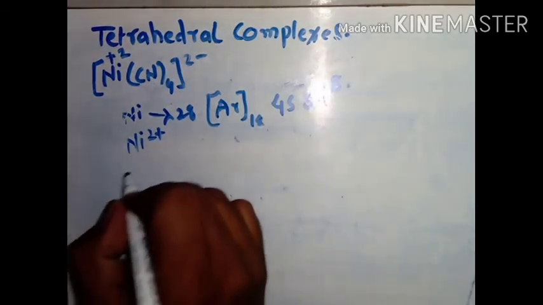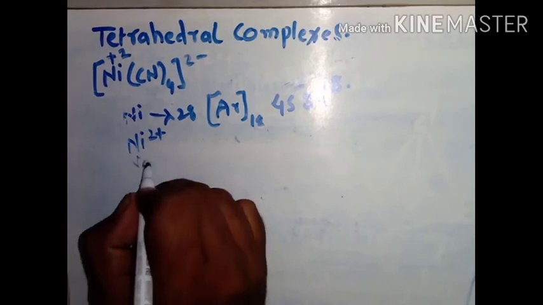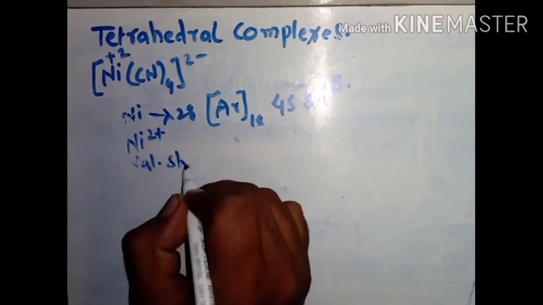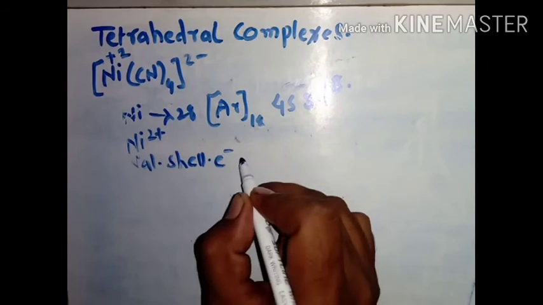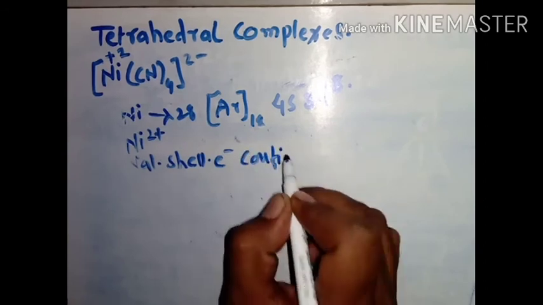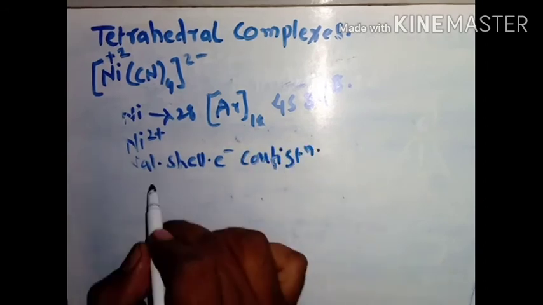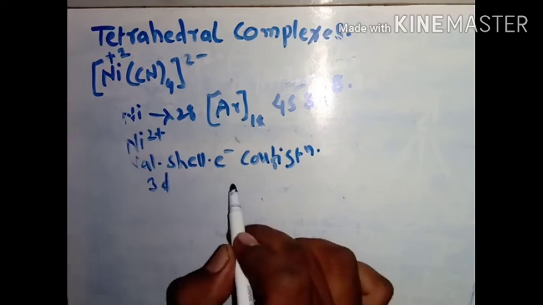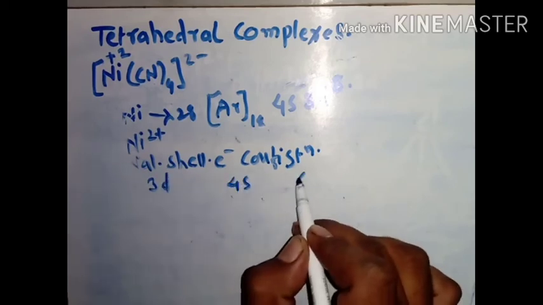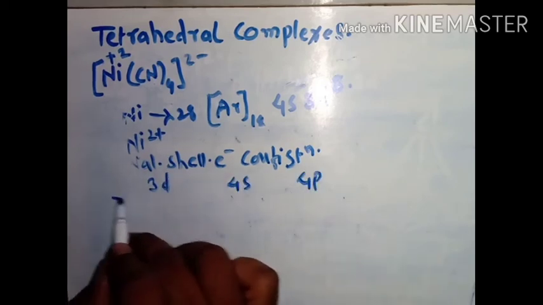Now we write the valence shell electronic configuration of nickel: 3d, 4s, 4p.